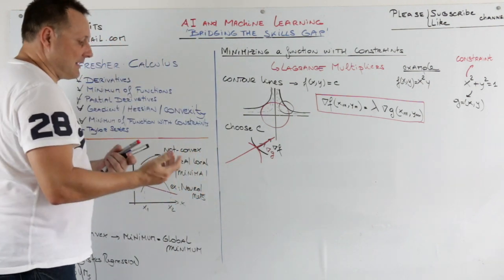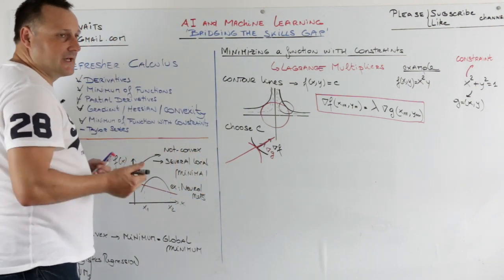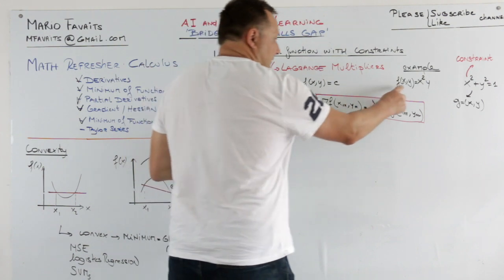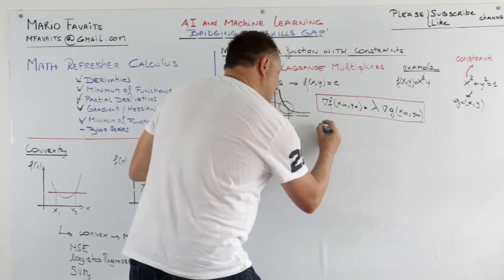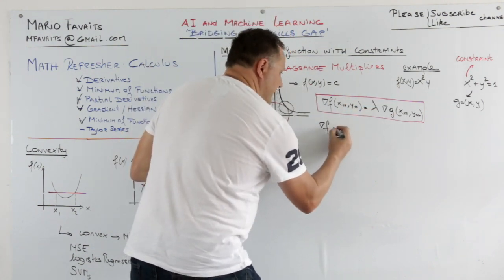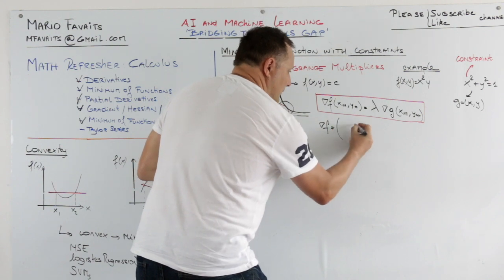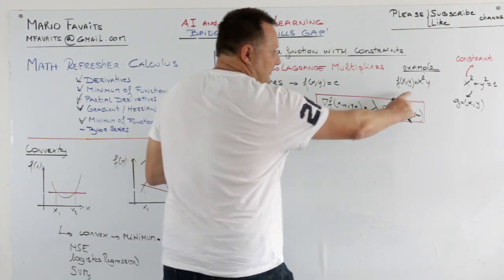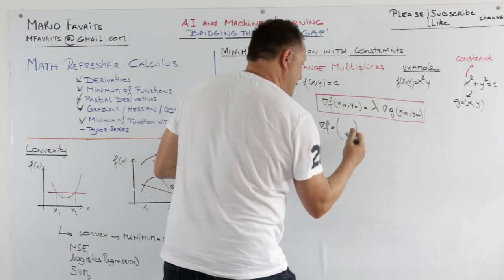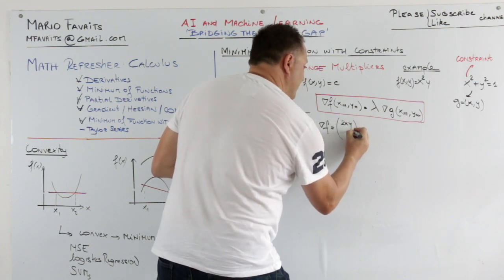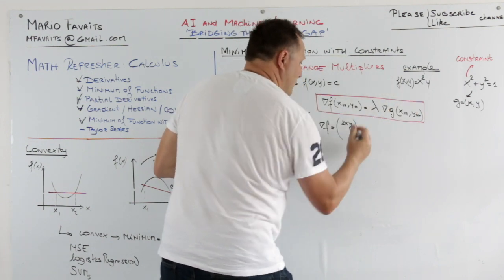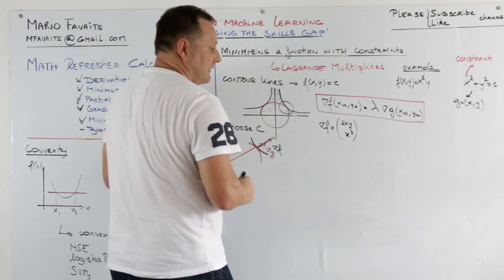And as an example, we can quickly do that. So the gradient of f is, we know a gradient is a vector. So first we derive for x, that is 2xy, and then we derive for y, that is x squared.